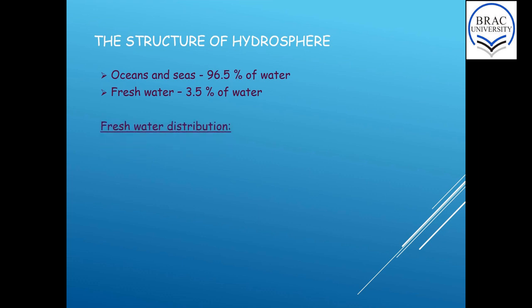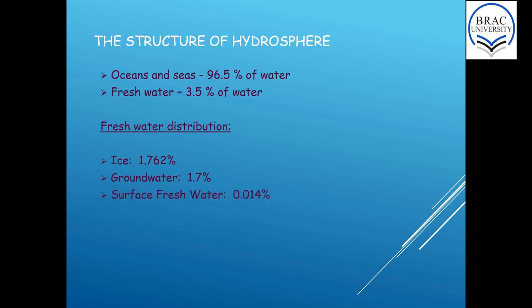And subdivision of that 3.5% fresh water, that is 1.7% is present as ice, and 1.7% is present as groundwater. So think about them. We cannot easily use them because we need to melt the ice first and then we can use it. And in case of groundwater, we need to establish tube well, we need to extract it, then we can use it. So they are not easily usable form.